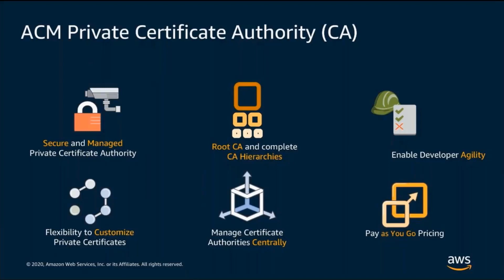One of the important features we'll be talking about today of the ACM Private Certificate Authority is CA sharing. CA sharing is where you create a certificate authority in account one, say a security account, and then you share it to all of the customers in your organization who need access to that certificate authority so that they can issue certificates.